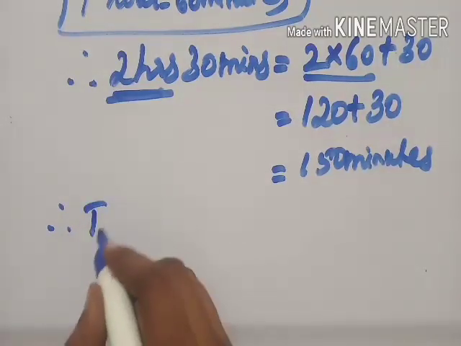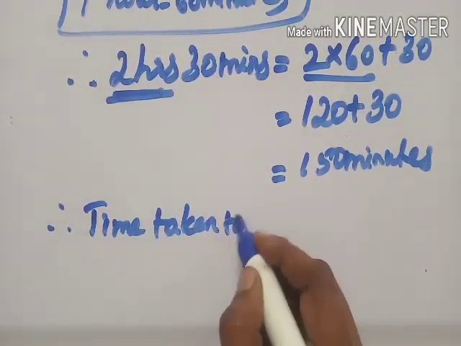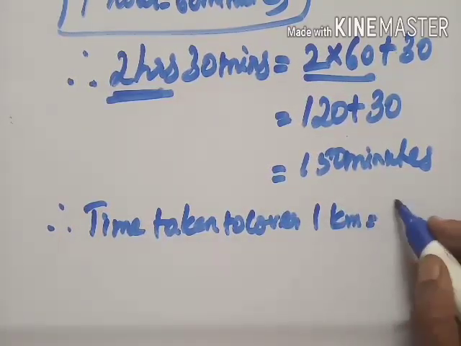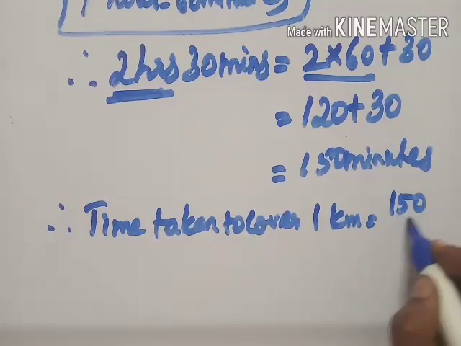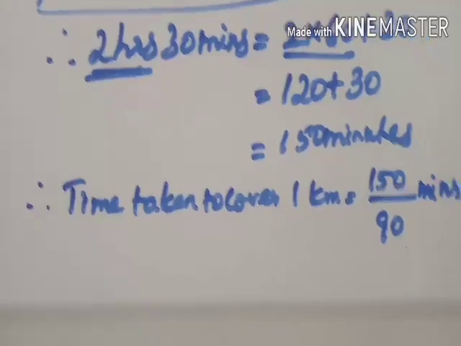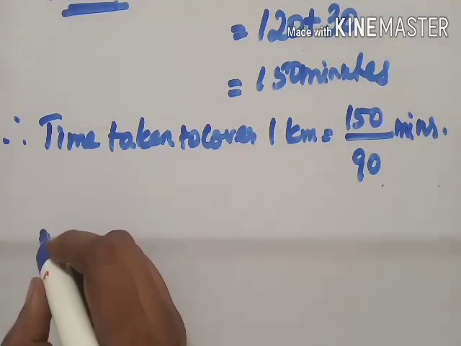Therefore, time taken to cover 1 kilometer is equal to 150 minutes for 90 kilometer. Yes, 150 divided by 90 minutes. Next, we have to find out time taken to cover 210 kilometer.